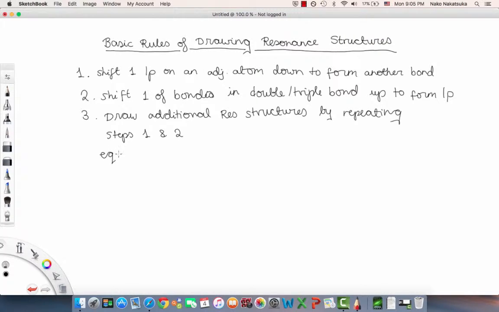As an example, if I have this molecule, which is the formate ion, HCO2-, it has a carbonyl right here, and then it has a hydrogen here and an oxygen here. Straight off the bat, by looking at this molecule, you know this probably has a resonance structure. Why? Because there are lone pairs on the atoms, and there's a double bond and single bonds. So this lone pair on this oxygen can move to this bond, and this bond can then be broken, and a lone pair can be pushed onto this atom.